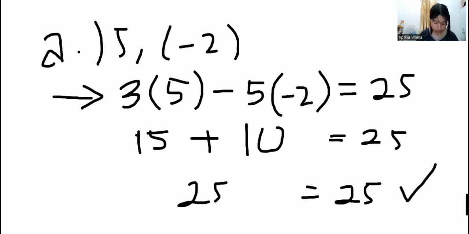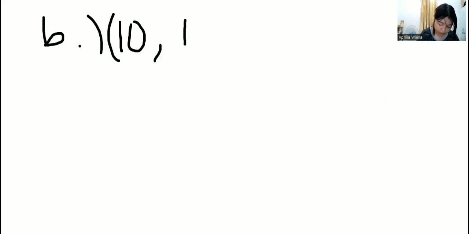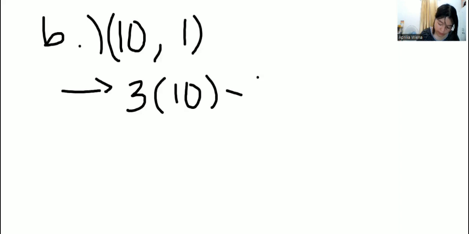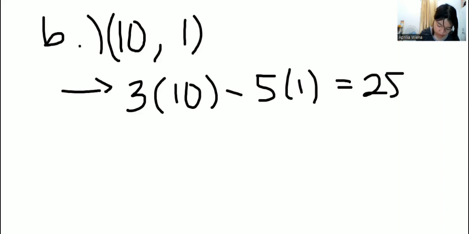And the second one is B, point 10 and 1. So like the first one, we substitute the x and y. It will become like this: 3 times 10 minus 5 times 1 equal 25.